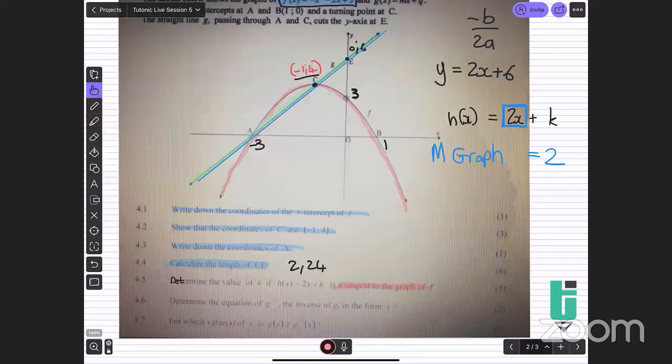Maybe it's over here, it kind of looks like it's there. Maybe it's equal to 7. I don't know. Let's work it out.